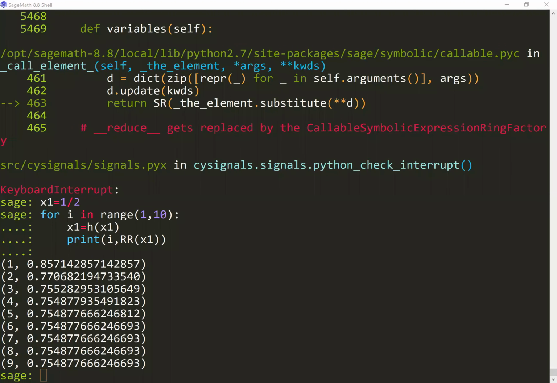Then this data that we get, you see, after a few iterations, the first digit stabilizes.